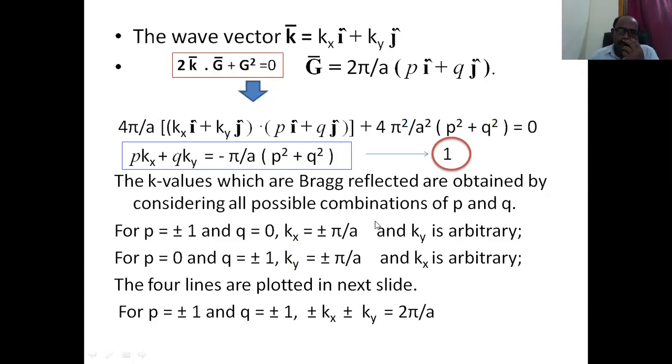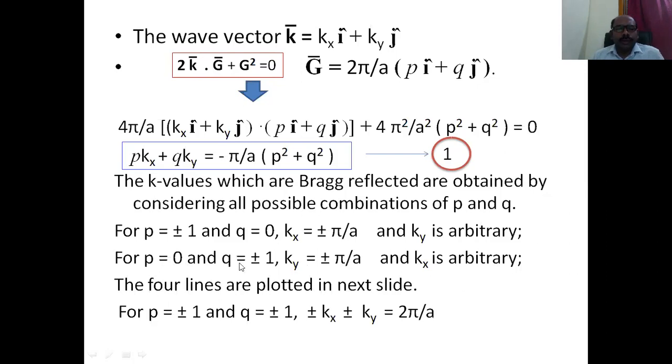Here it is 0, but we can take some number also. For p equal to 0 and q equal to plus or minus 1, ky is equal to plus or minus pi by a, and kx is arbitrary. Whatever the kx here, because of the product with 0, it does not appear in our equation. That is why we mention here it is arbitrary.